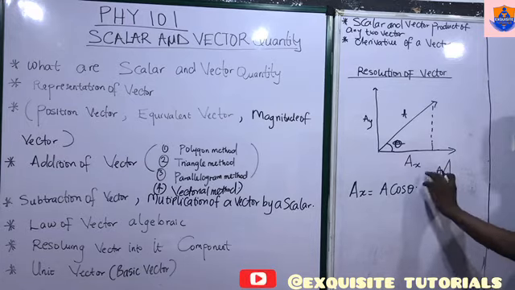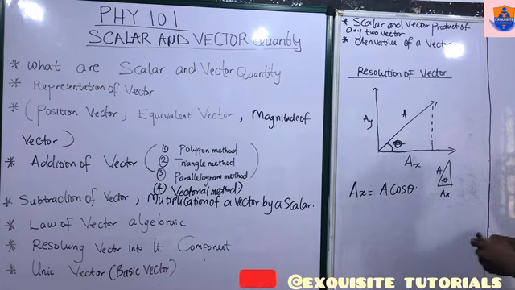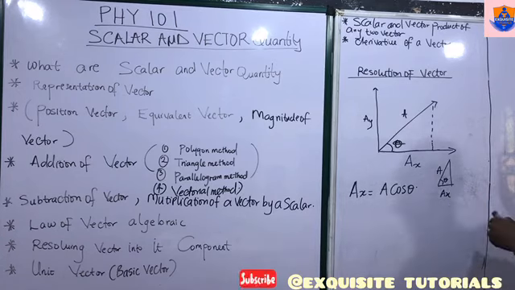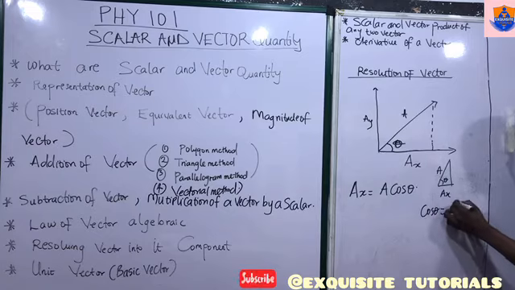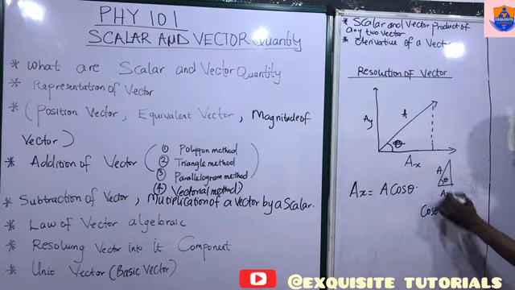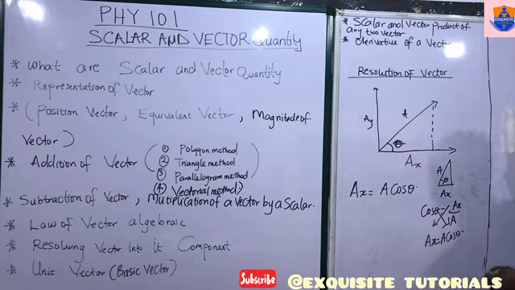These two sides are just our point of focus for this part. So since these two are our point of focus, our cos theta is equal to the adjacent, A of x, all over the hypotenuse A. So if you cross multiply, definitely you'll have your A of x value to be A cos theta. That is how they did this.